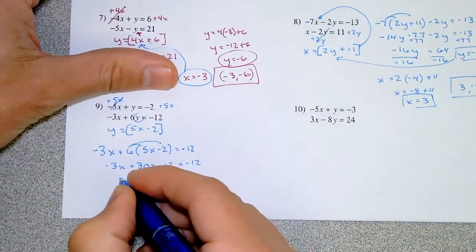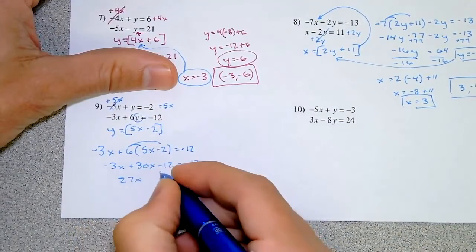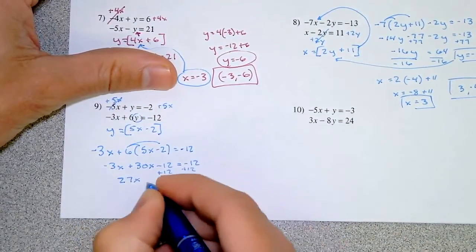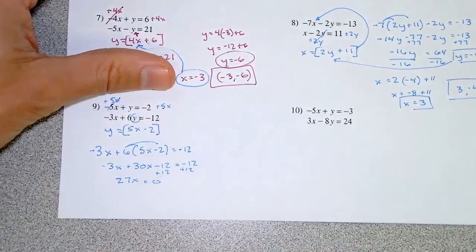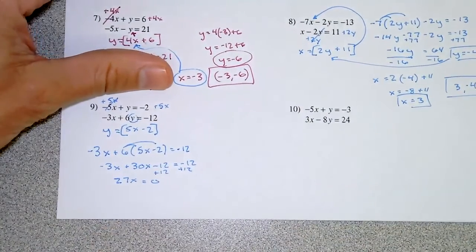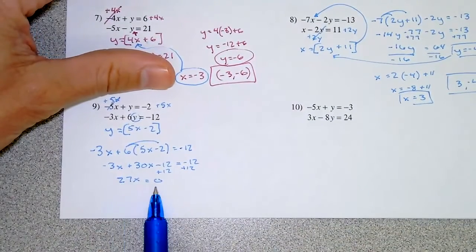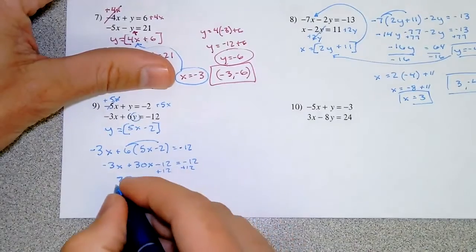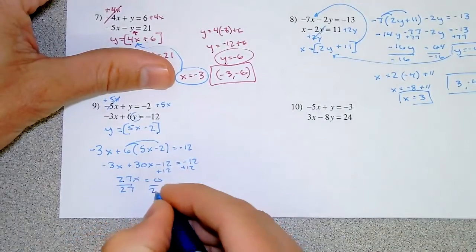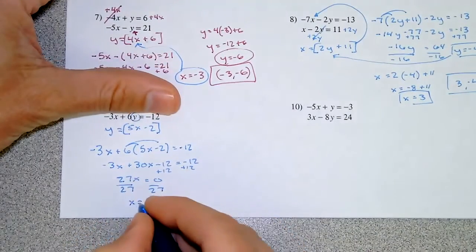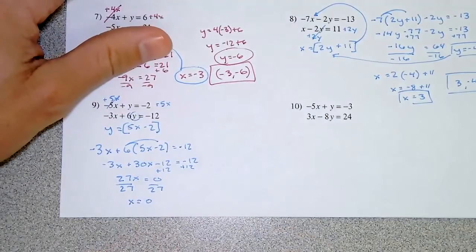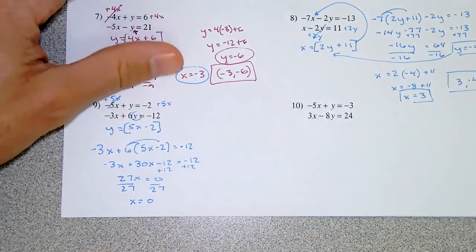Okay, so something interesting happens here because when I add the 12 over, I just get 0. So 27x equals 0, so 27 times what equals 0? Well, it's going to have to be 0, or we can divide by 27, and 0 divided by 27 is just 0.